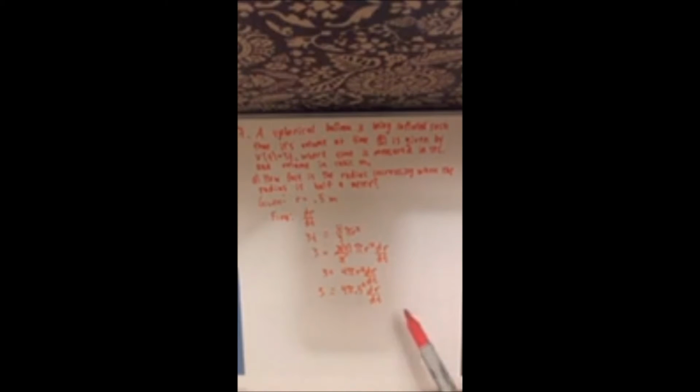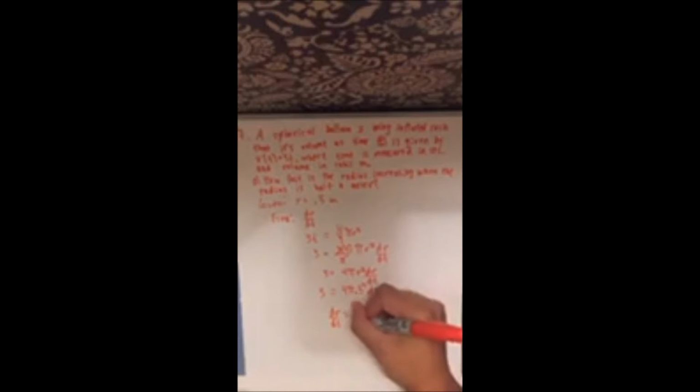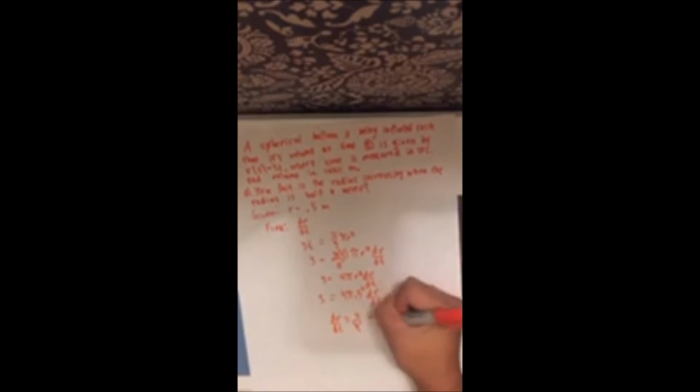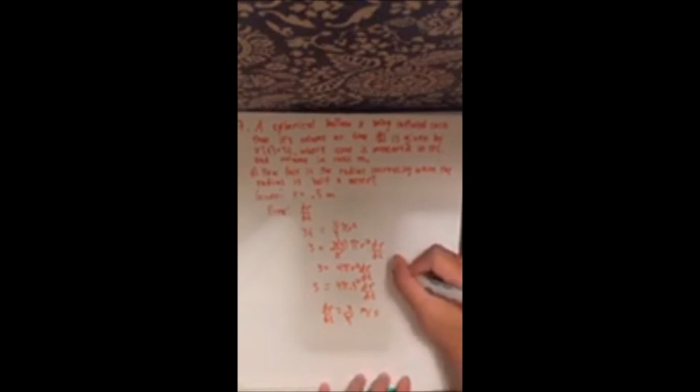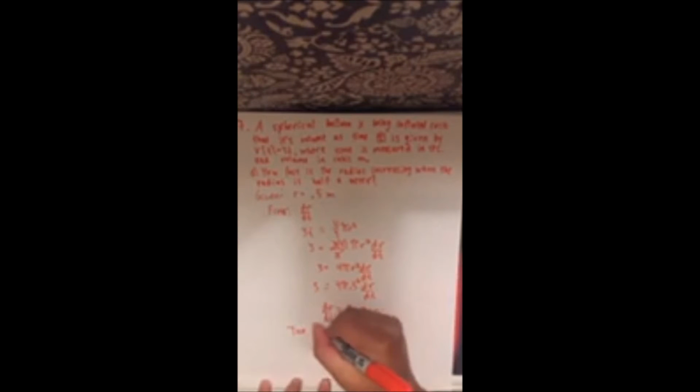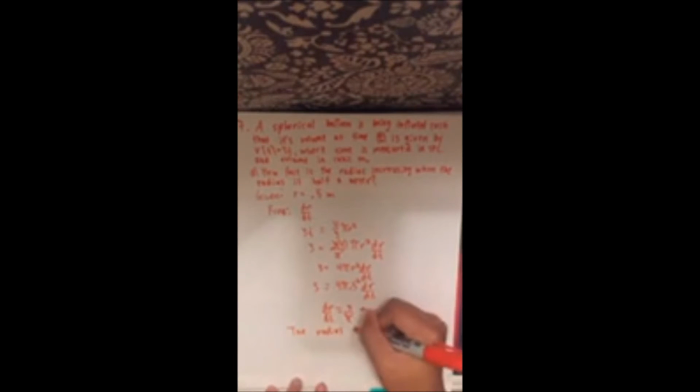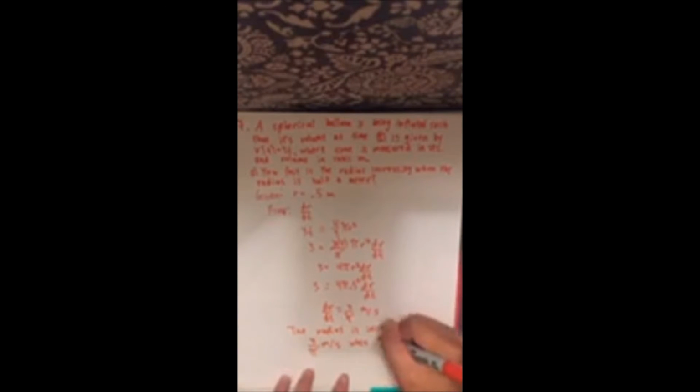And then divide 3 by 4 pi times 0.5 squared to get dr over dt to equal 3 over pi meters per second. So the radius is increasing by 3 over pi meters per second when the radius is half a meter.